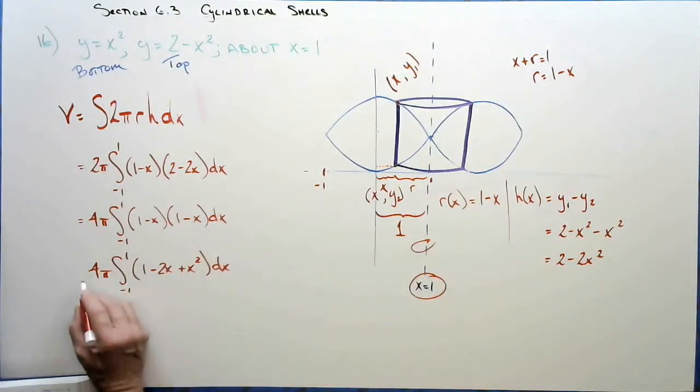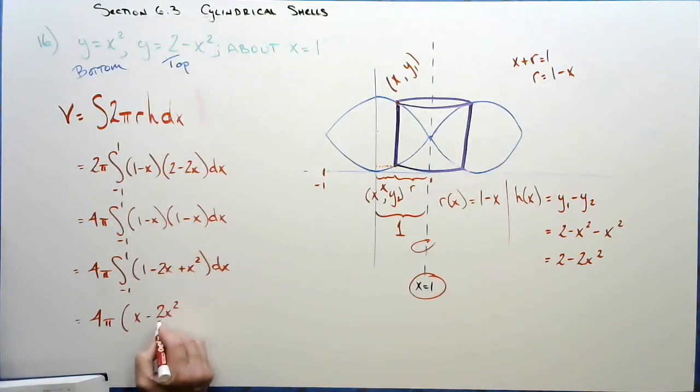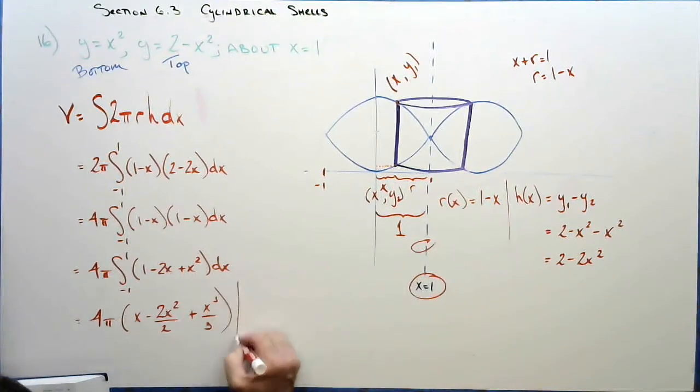We're going to get 4 pi, and we're going to integrate. The integral of 1 is x. The integral of this is minus 2x squared, remember to divide by 2. The integral here is going to be plus x cubed over 3. And we're going to evaluate between -1 and +1. And again, I will leave the arithmetic to you.